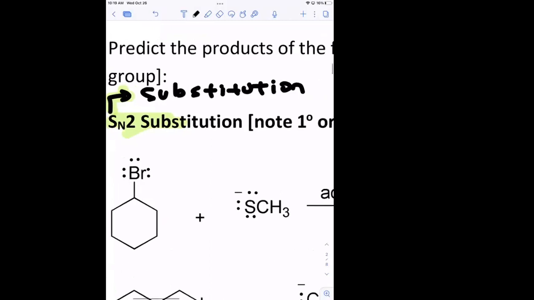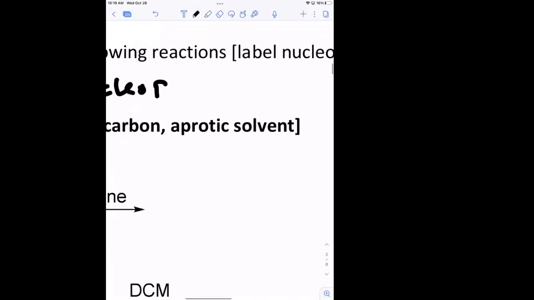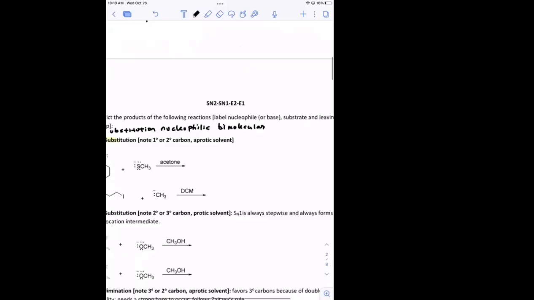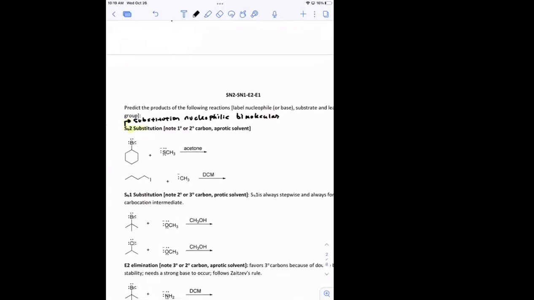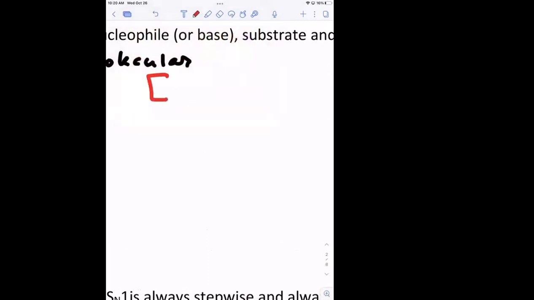The N is nucleophilic, and the 2 is bimolecular. That two tells you if it's first order or second order. So you can make the assumption that if it's bimolecular, it's second order. The rate law is going to be second order. We'll touch that again in a minute.